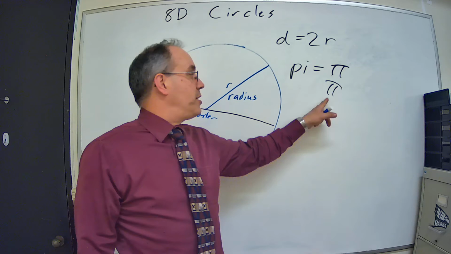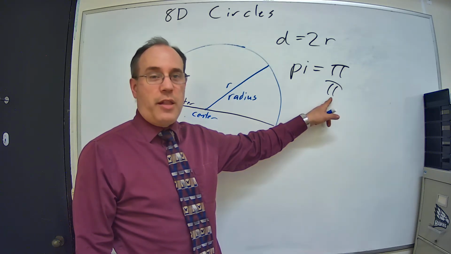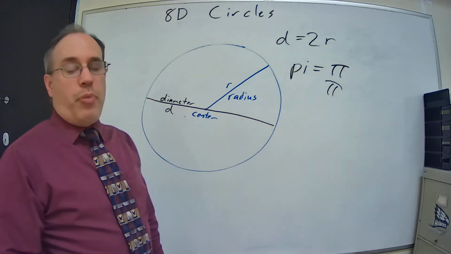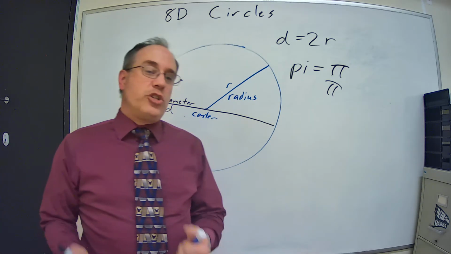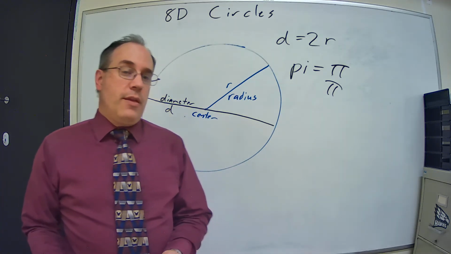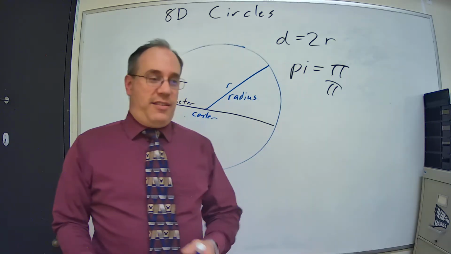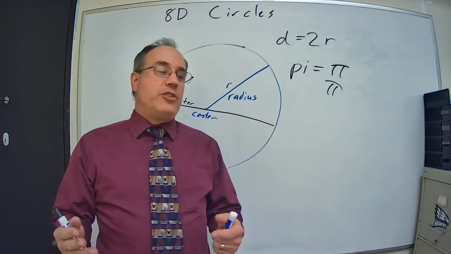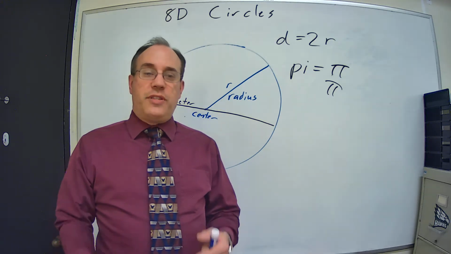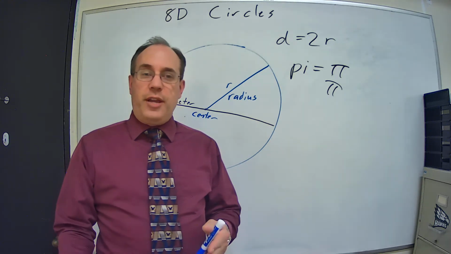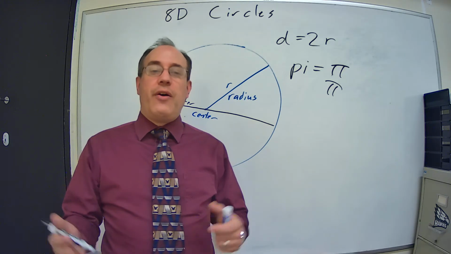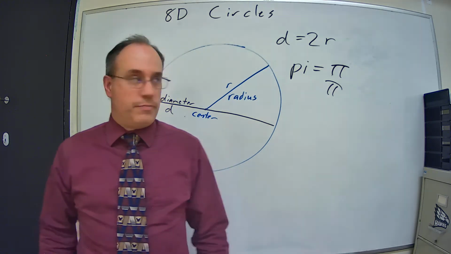Some people mock me and say that it looks like an upside down smiley face, but that's okay, as long as you remember it's pi. And pi is an irrational number. Irrational meaning, if we remember back when we were dealing with fractions, irrational numbers are numbers that do not terminate or repeat. So they go on forever without ever ending, terminating, or repeating.